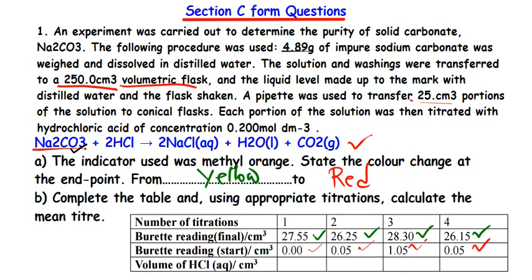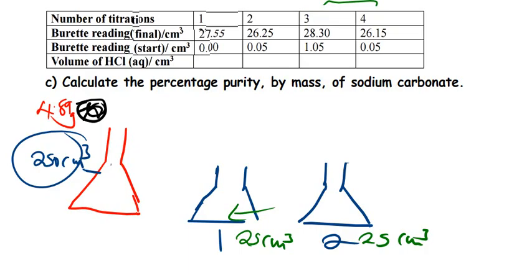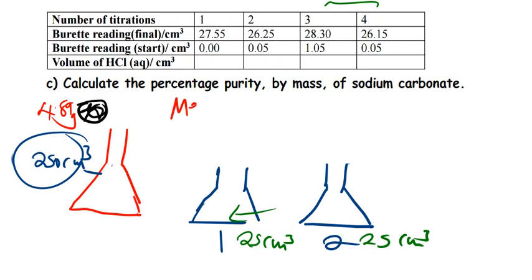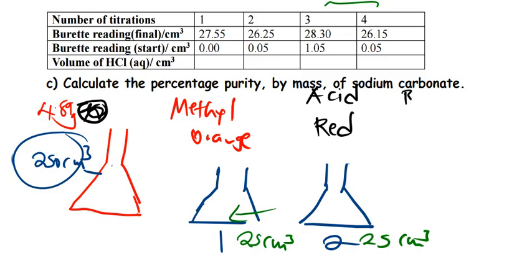Just a bit of context when it comes to these indicators, starting with methyl orange. Its color in an acid is red, and that's why we ended up with red. But in a base, it's yellow.